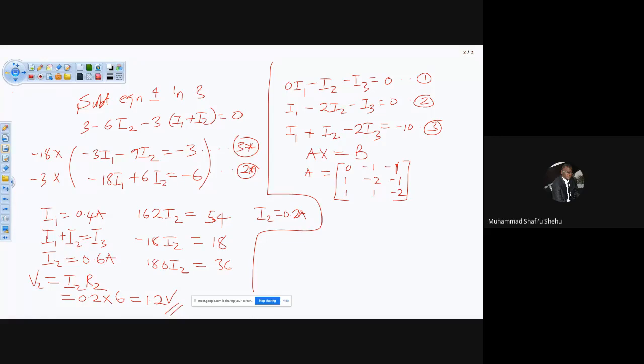If equation 3 is now your equation 1, the matrix will be different. That 0 minus 1 minus 1 will come to the third line.